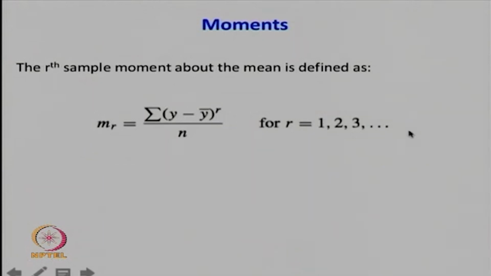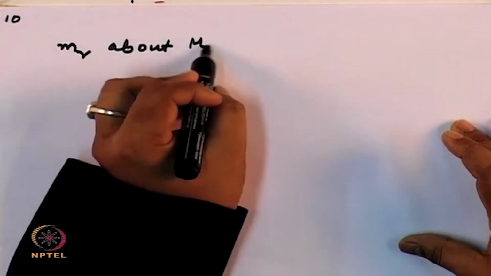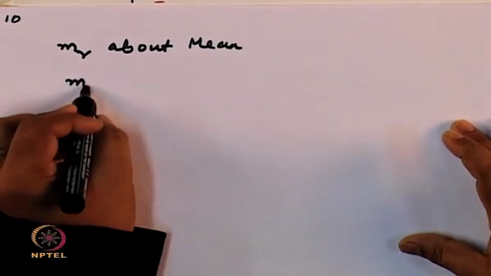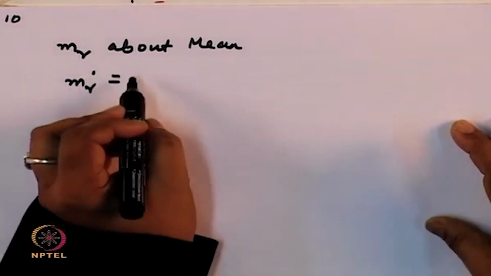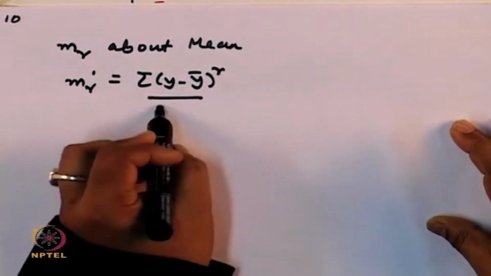So, m2 about 0 is y square. This would mean that if I take mr about 0, I put y bar equal to 0, I have y to the power r. So, for mr about the mean, mr is defined as summation y minus y bar whole to the power r by n.